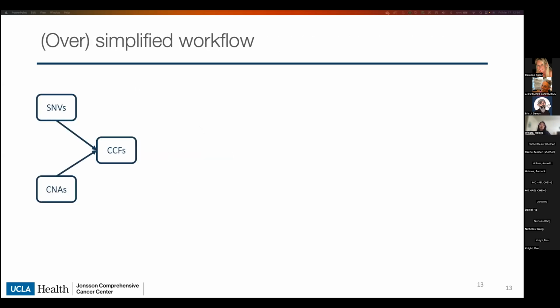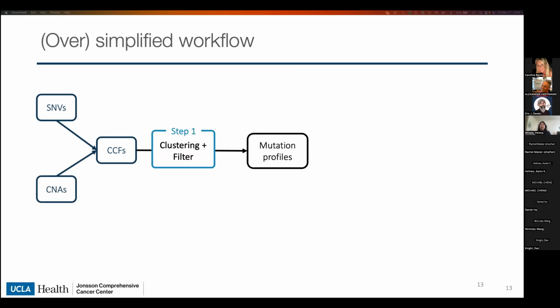So here's an oversimplified workflow of what the algorithm looks like. First, we start with the CCF values for each mutation. Then we run a clustering and filtering step in order to obtain the mutational profiles of each clone. In this process, we also discard some mutations that are not well clustered.